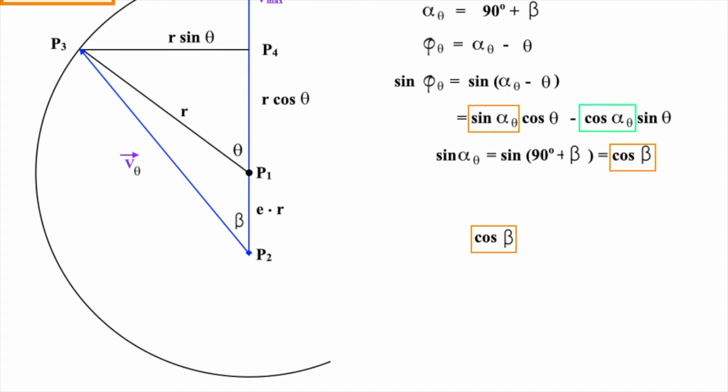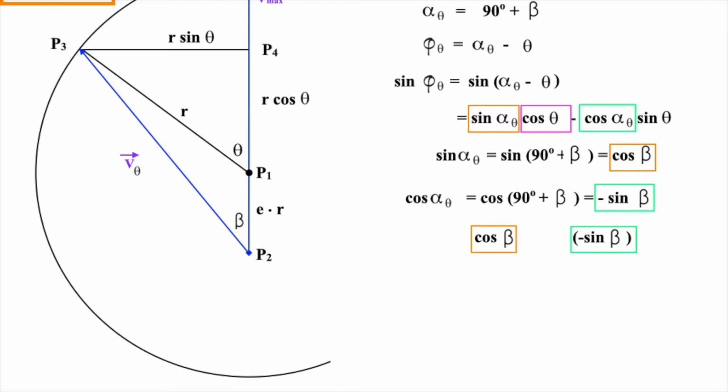Now we go back and do a similar manipulation of cosine alpha. It equals cosine of 90 degrees plus beta, which in turn equals negative sine beta, which we also move down to the next line. We take cosine theta from above and move it down.